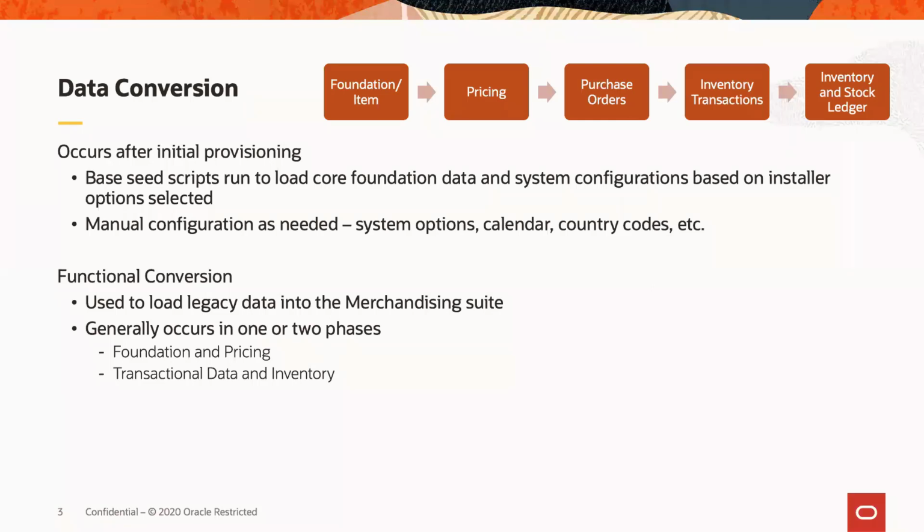The boxes at the top of the slide here are showing the typical breakout of the lowest level of detail we see conversion happening, but generally it's some grouping of these functions.